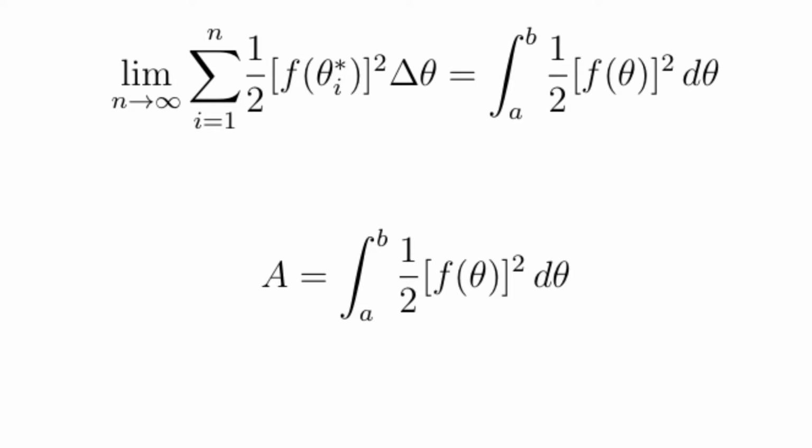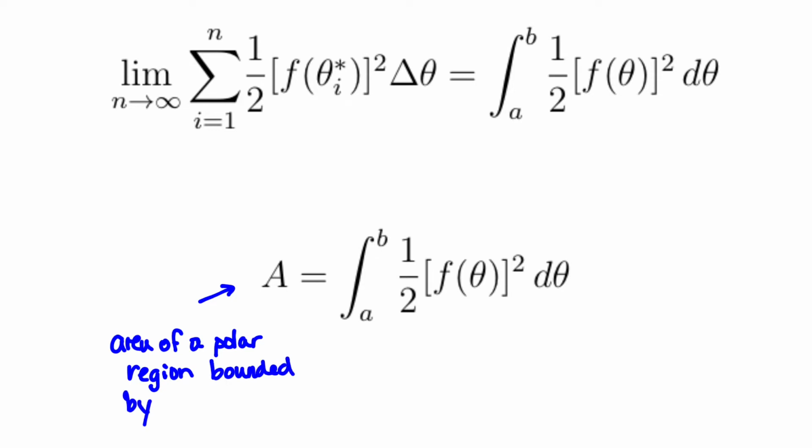The area of a polar region bounded by, and I'm going to slightly change, instead of a to b, I like to reserve a and b for the xy plane, and I like to use alpha and beta to describe my angles. So the area of a polar region bounded by theta equals alpha to theta equals beta can be given by this formula.